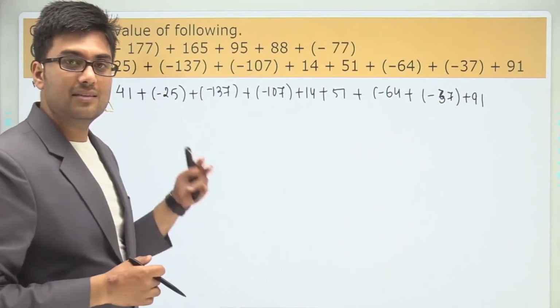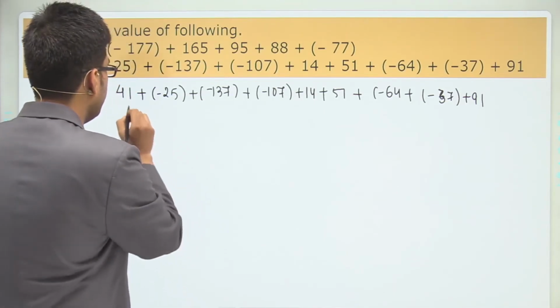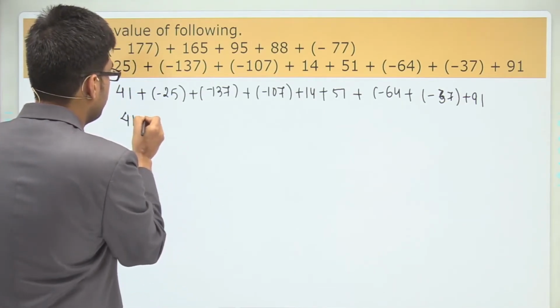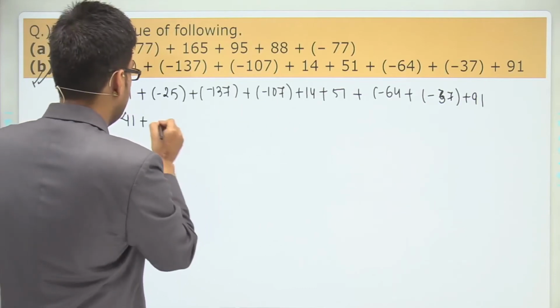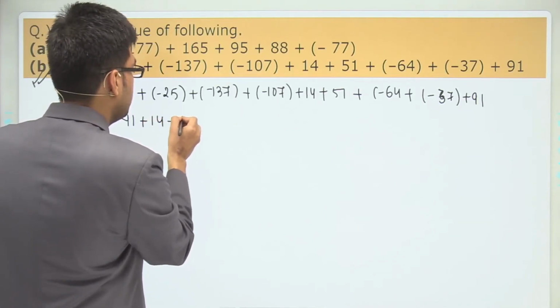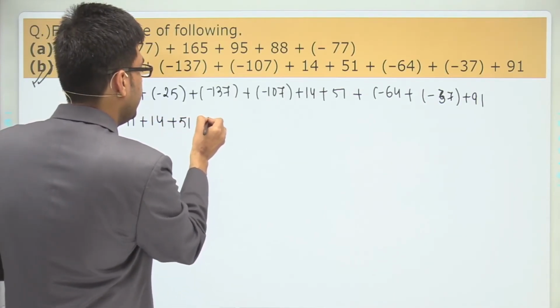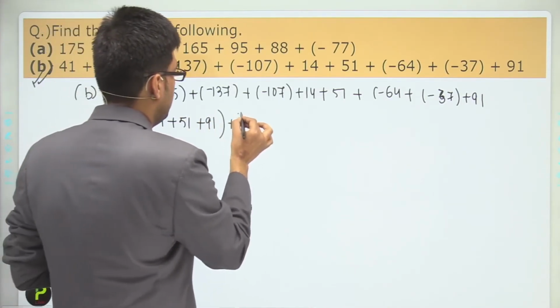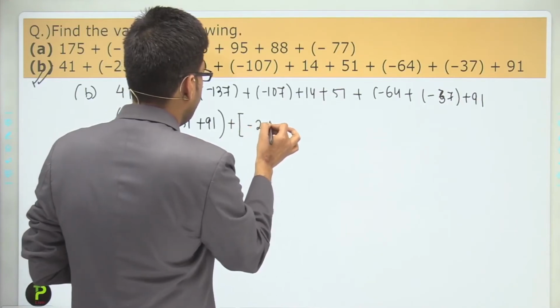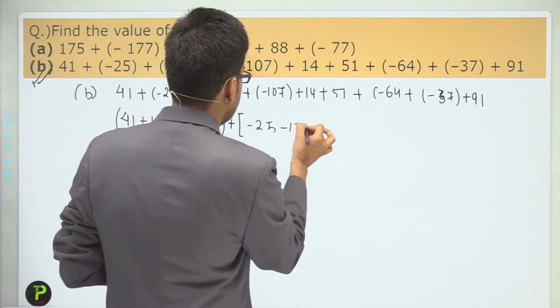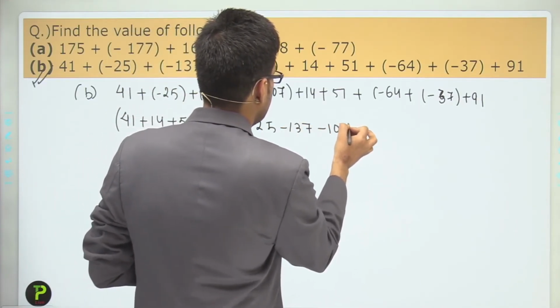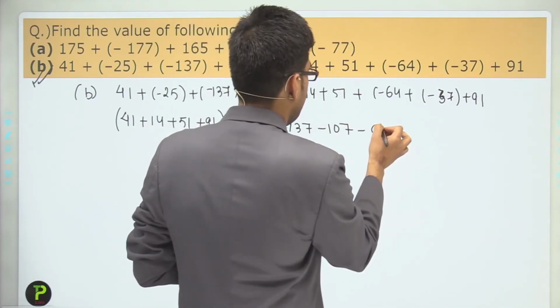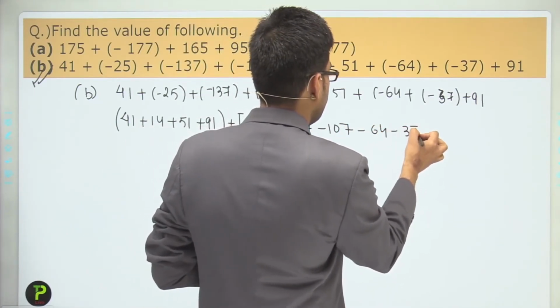So students, we know that addition has associative property, so we can write it as 41 plus 14 plus 51 plus 91 plus minus 25 minus 137 minus 107 minus 64 minus 37.